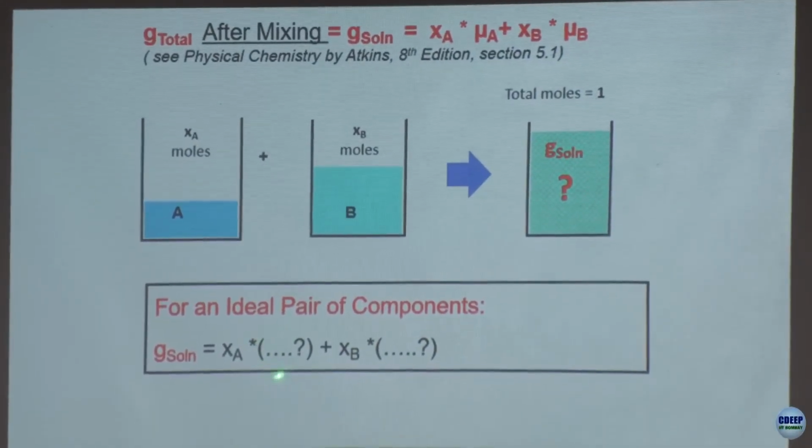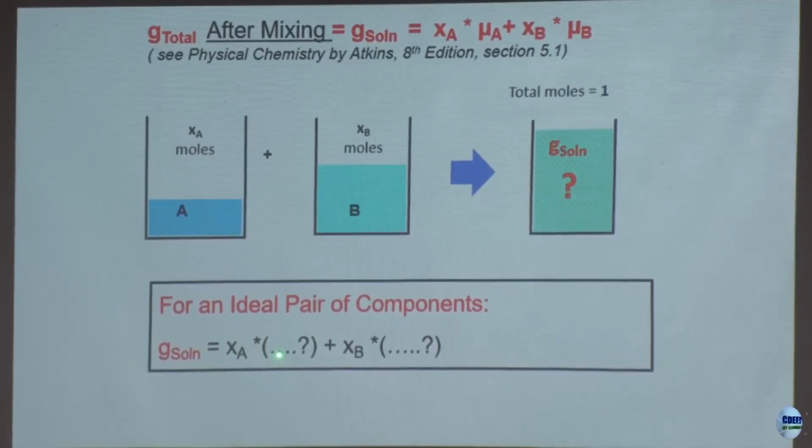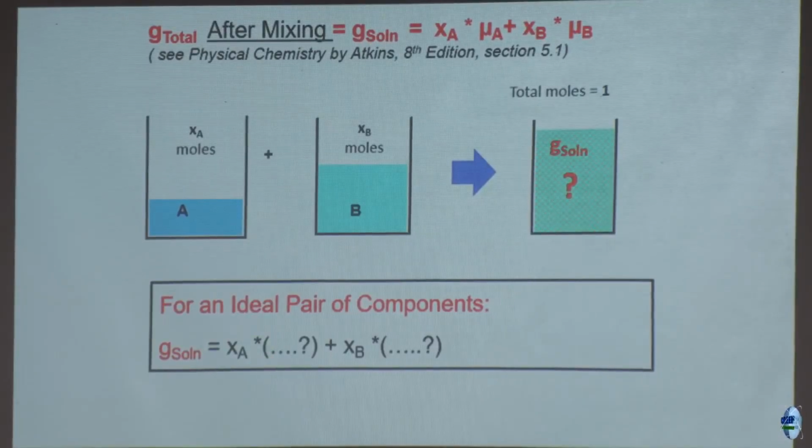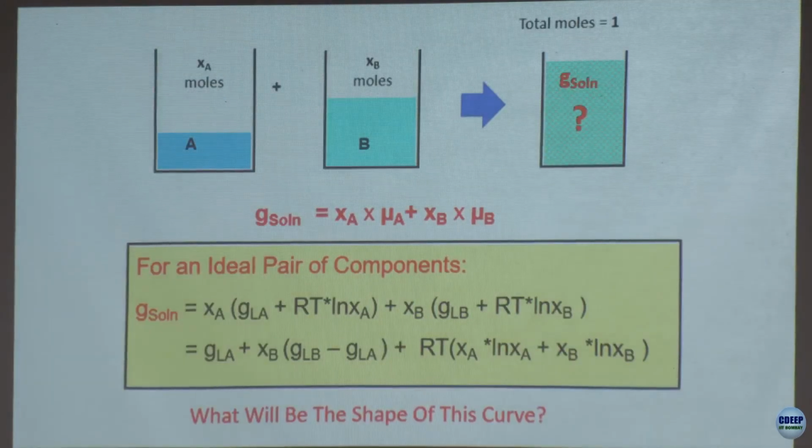We know the expression for this value, because G of solution is XA into, we have done this earlier, RT ln X. The chemical potential is defined like this by Gilbert-Lewis.